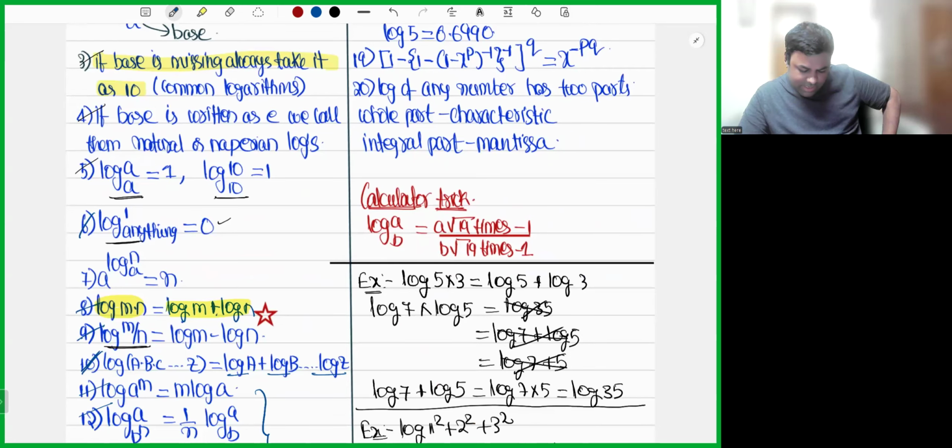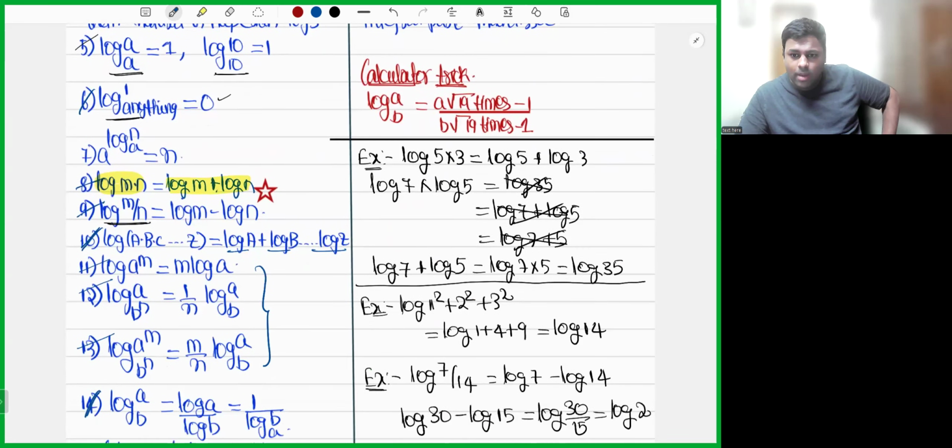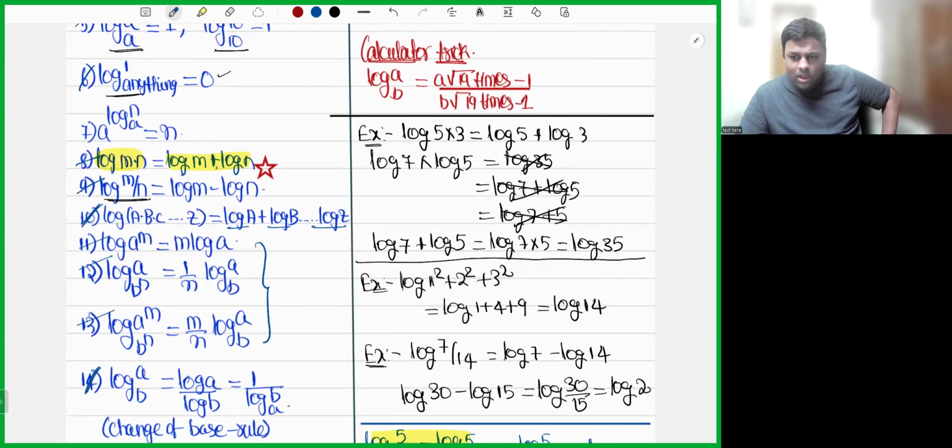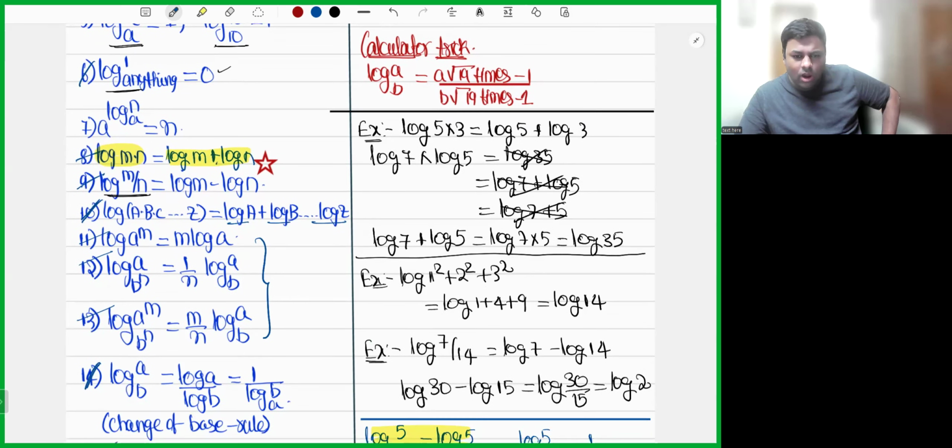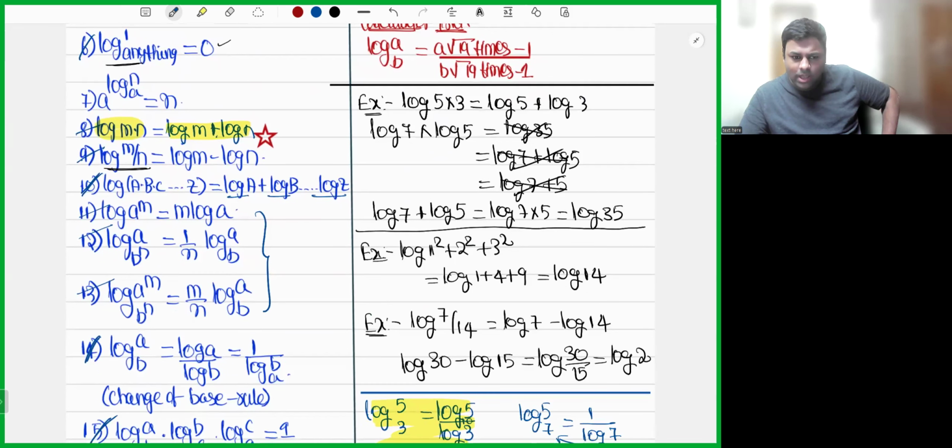Next, the 7th one we haven't discussed yet. The 8th one, log m into n is log m plus log n. Log m by n is log m minus log n. Log a into b into c, and so on till z, is log a plus log b plus log c, and so on till z. Next, I'm having log a power m, which is m log a; base b power n, 1 by n log a base b.